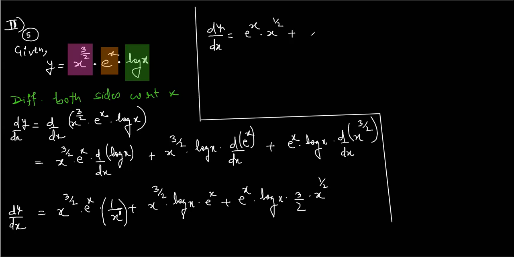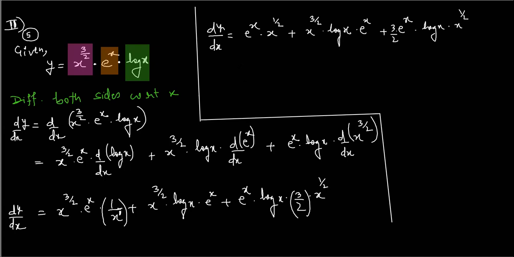plus x raised to 3 by 2 into log of x into e raised to x, the second term, plus e raised to x, 3 by 2, I write the constant 3 by 2 out in the beginning for the term: 3 by 2 e raised to x log x and x raised to 1 by 2.